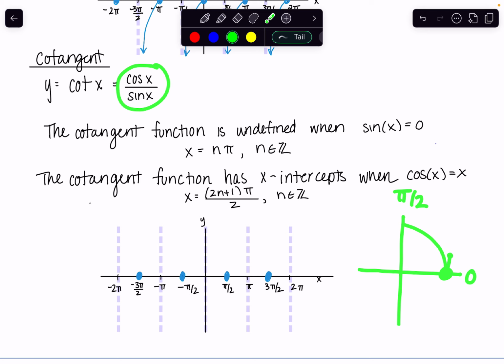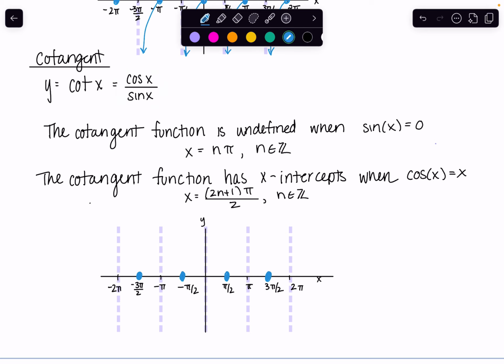That's a huge positive number. So you actually get the flip shape for cotangent. And then you can see it happens over and over and over again. So that is what our graph of cotangent function looks like.